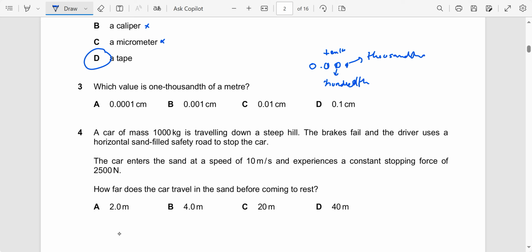So that should be 0.001 meter. Since the reading is given in centimeters, I need to multiply by 100, so I'm going to 0.1 centimeter, so that's D.